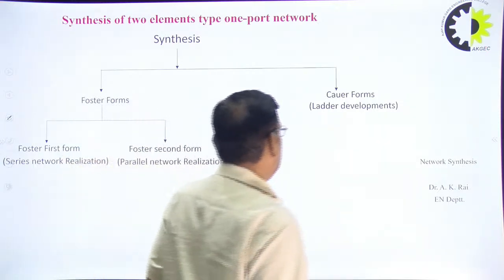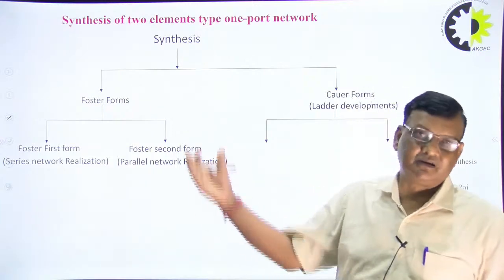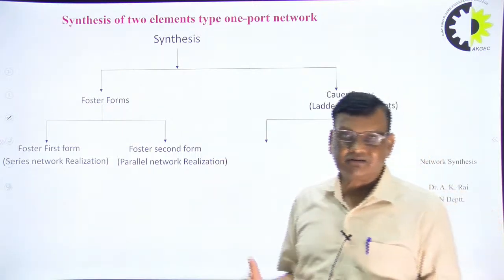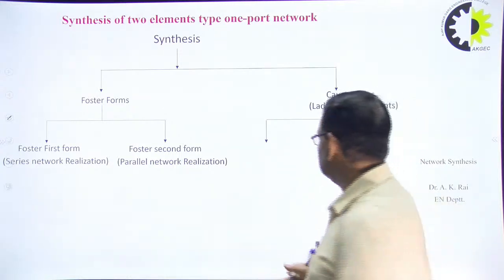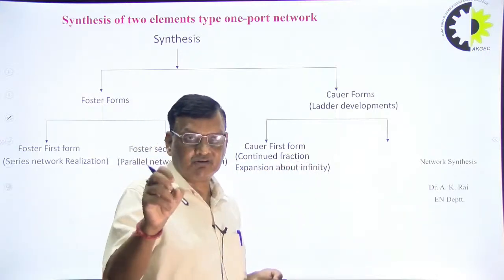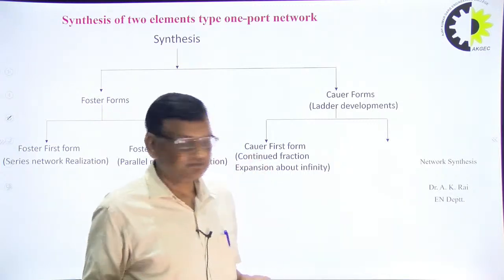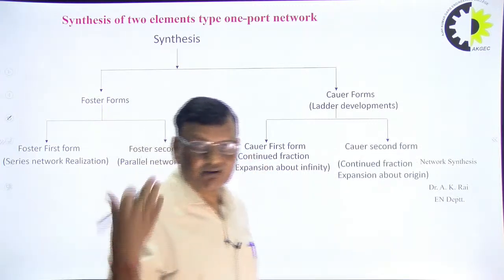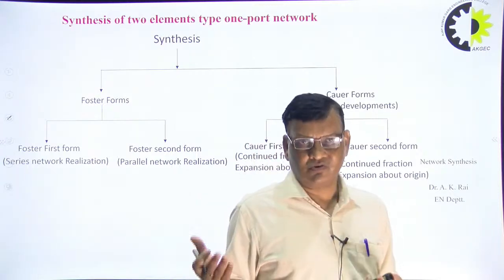Here we are just developing a ladder network. How will we get the ladder network? We just carry out the continued fraction expansion. If we carry out the continued fraction expansion about infinity, we get the Cauer first form. If we carry out the continued fraction expansion about origin, we get the Cauer second form.